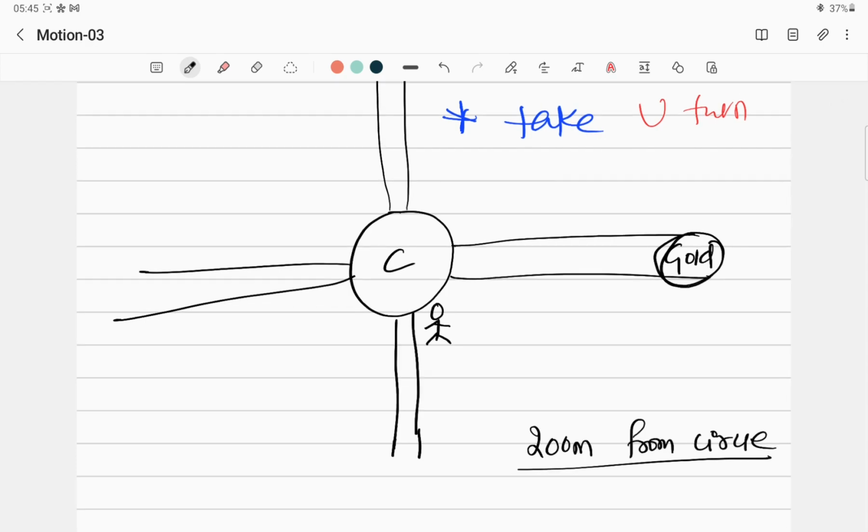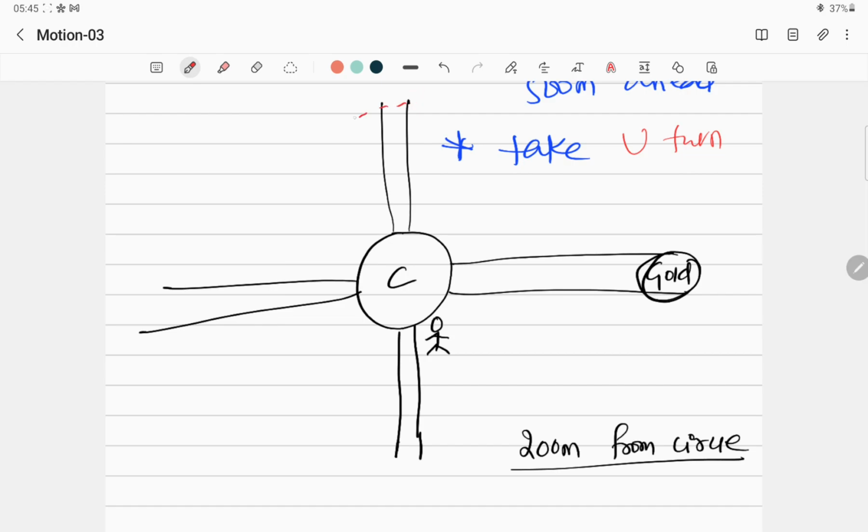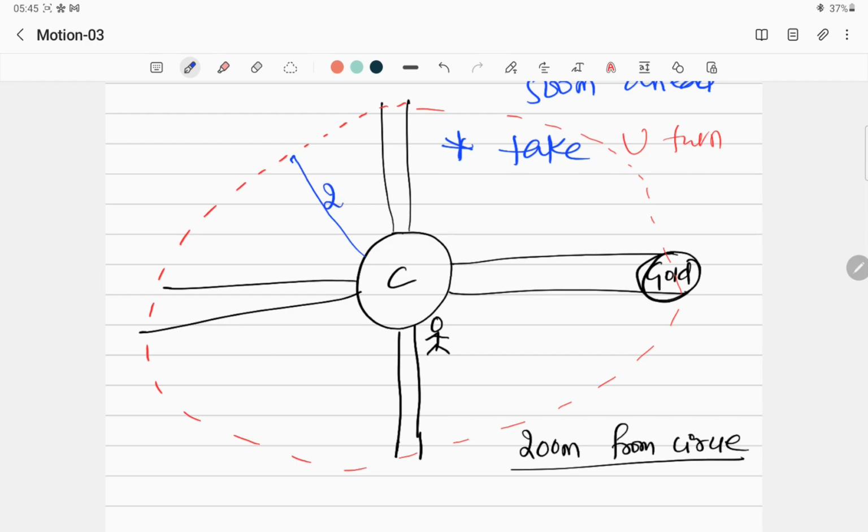200 meters from the circle means you have to search this entire 200-meter range, this circular part, everywhere. So 200 meters from this point, this is also 200 meters, for example. Here also you have to dig, here also, here also, everywhere you have to dig and search.